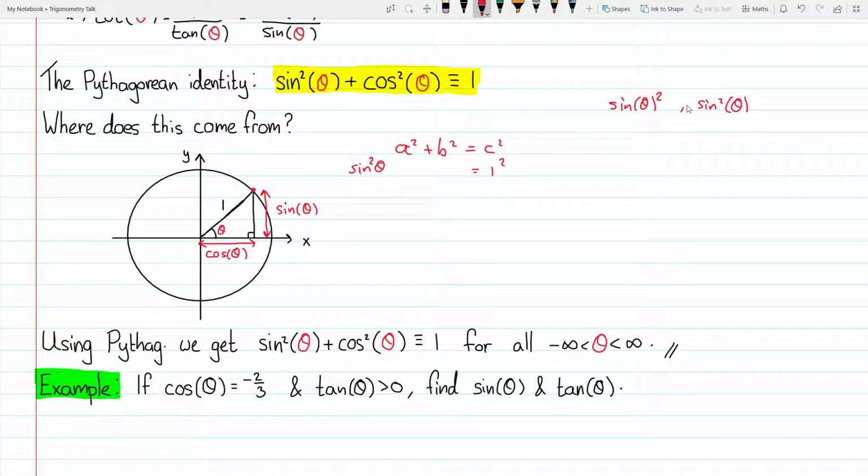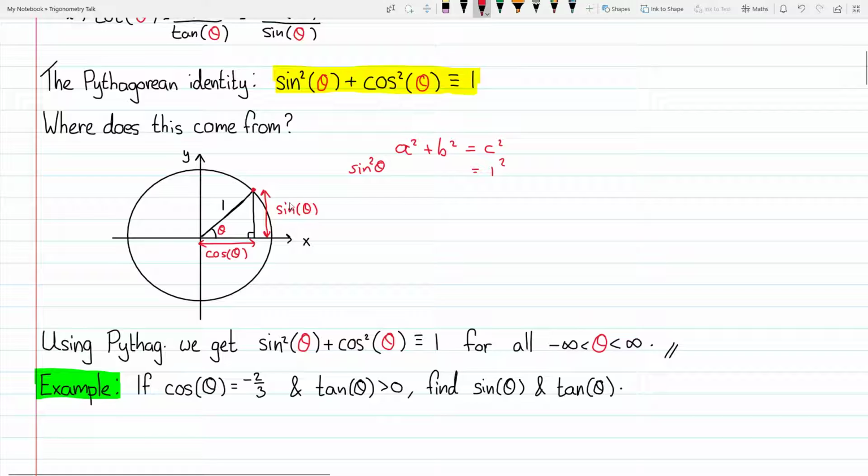But if you don't want to write the brackets, then this doesn't really make sense, because does this mean you're taking the sine of the angle squared, or does this mean you're squaring the whole trig function? So often it's conventional to write our exponent before the argument, just to emphasize that we're not squaring the angle.